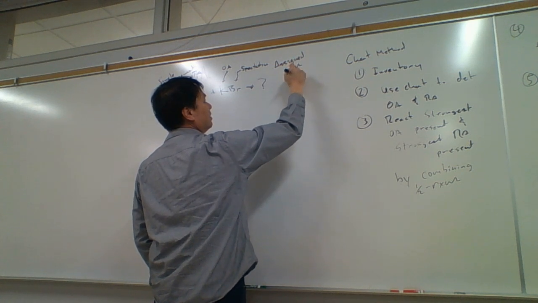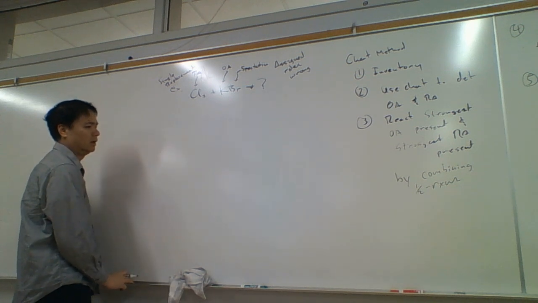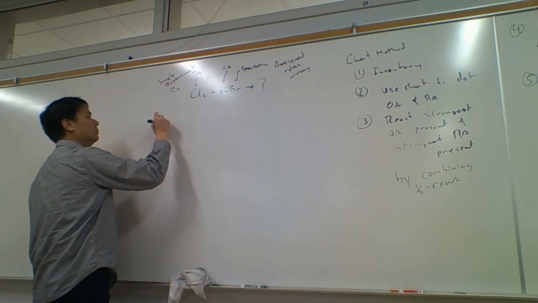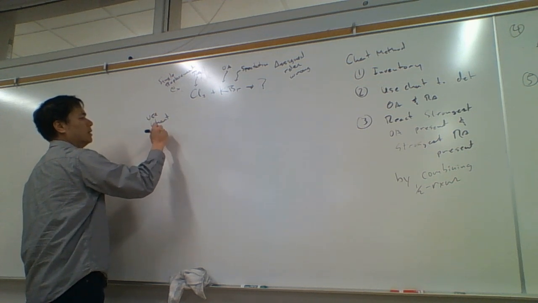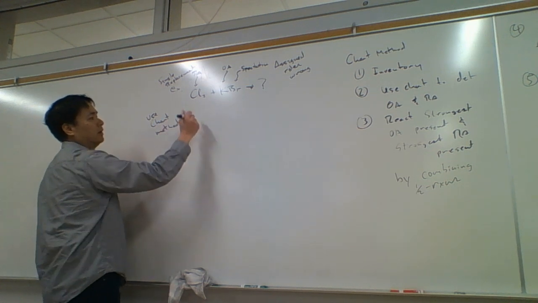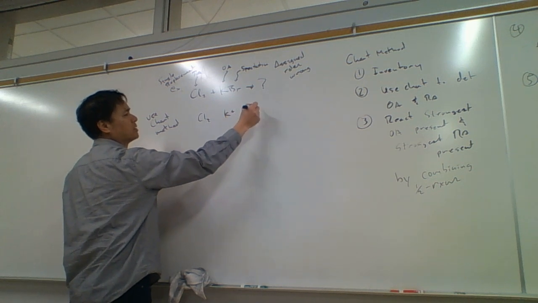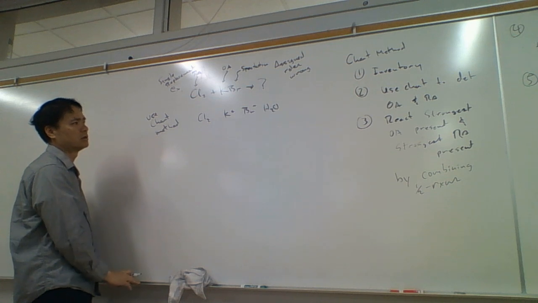And so all we do is use the chart method for this. In the chart method, we inventory. So we're going to have chlorine, we're going to have potassium ions, we're going to have bromide ions, and we're going to have water. And then we use the chart to determine.